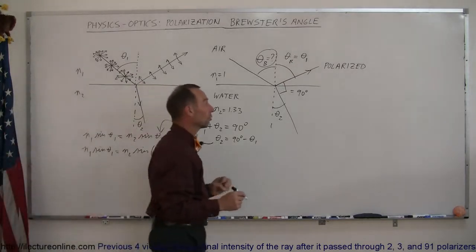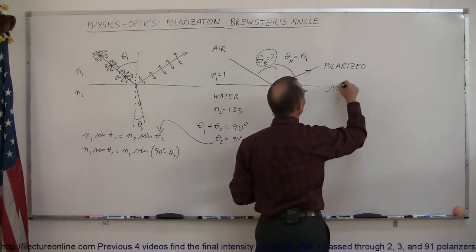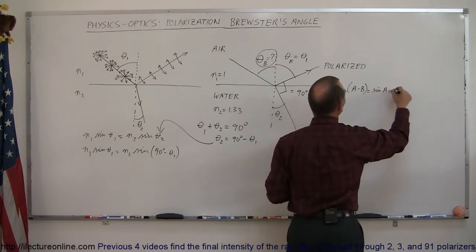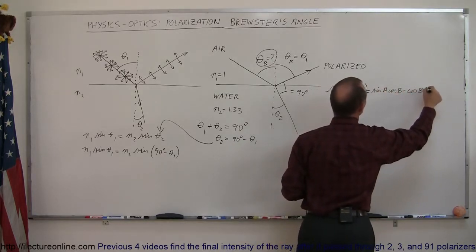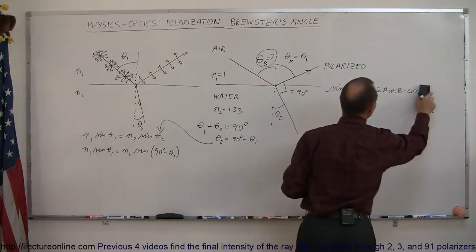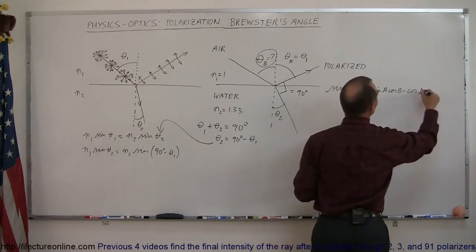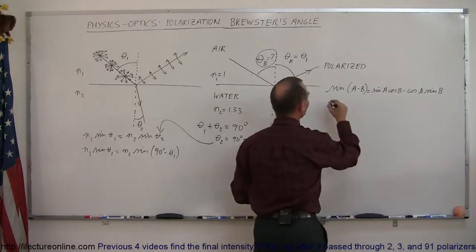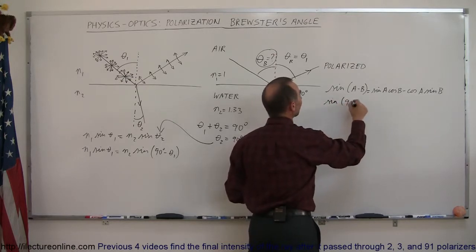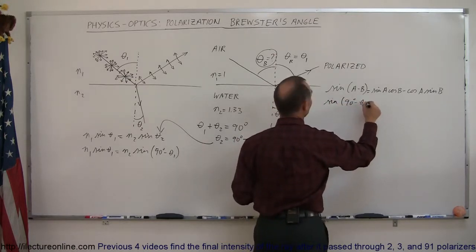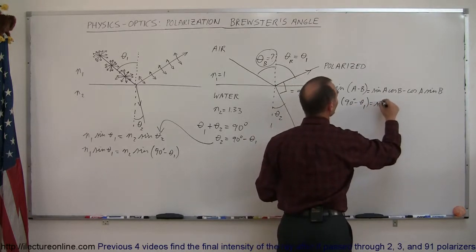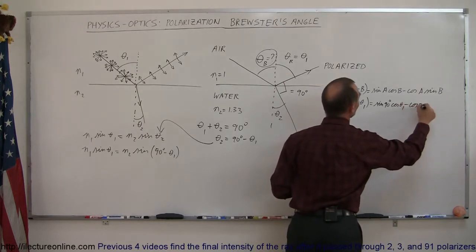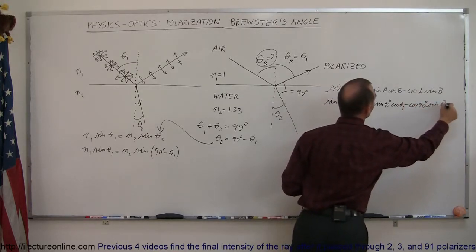Well, for that we need to know a trigonometric identity. We know that the sine of A minus B can be written as the sine of A cosine of B, minus cosine of A sine of B. All right, if we then apply that to what we have over here, we can say that the sine of 90 degrees minus theta sub 1 is equal to the sine of 90 degrees times the cosine of theta sub 1 minus the cosine of 90 degrees times the sine of theta sub 1.